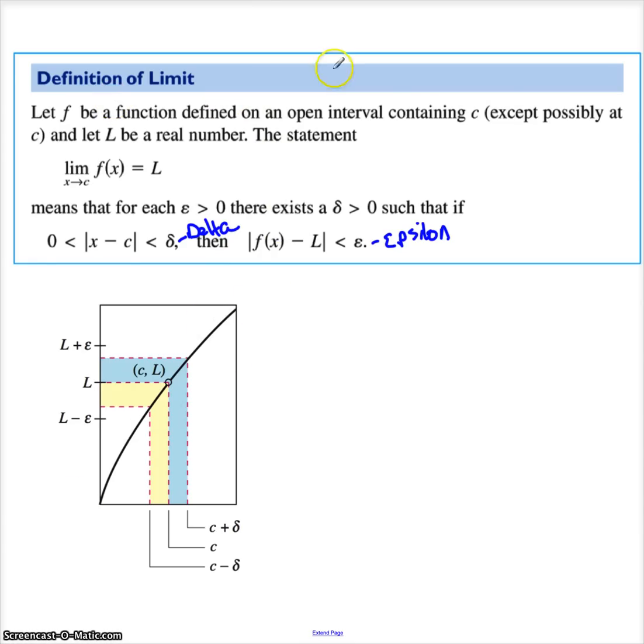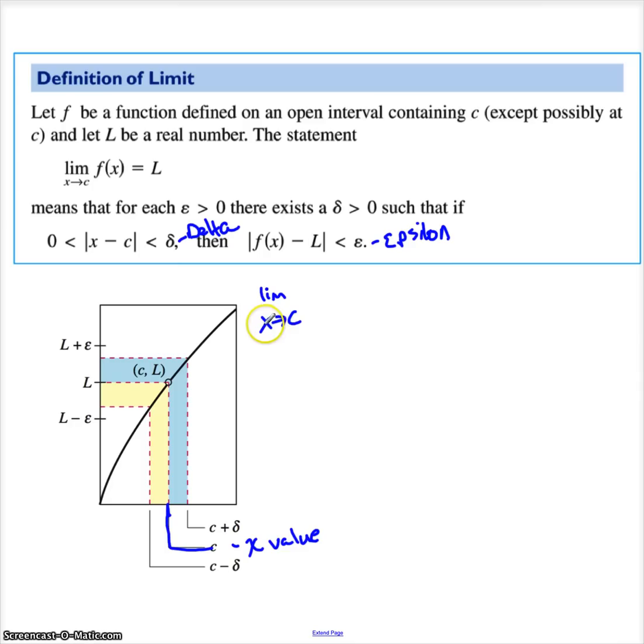Let's look at the graph. Again, I'm not jumping into the definition yet. If I say the limit as x approaches a value c, so this is my value c right here, now c is always an x value because x is approaching c.